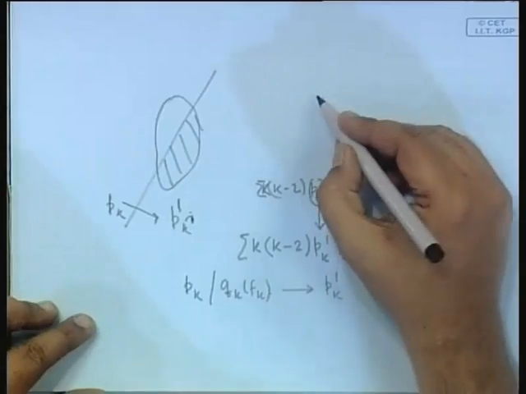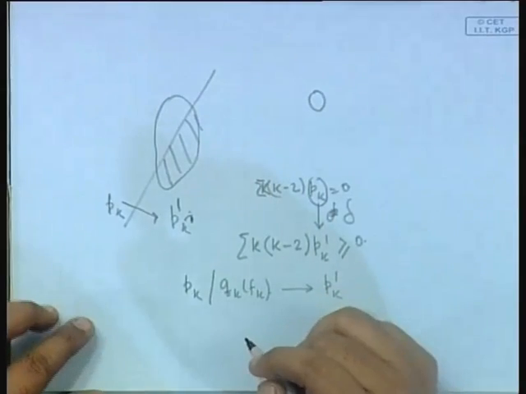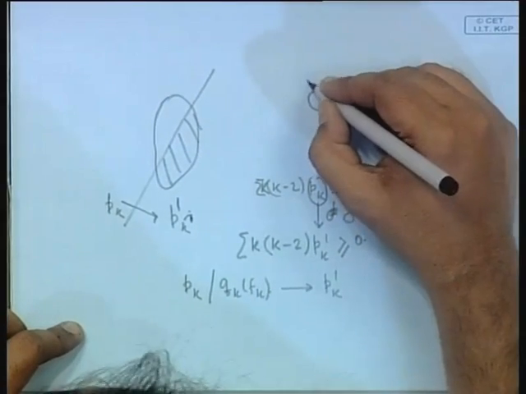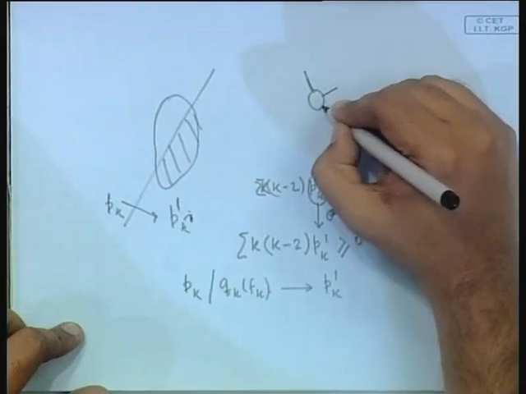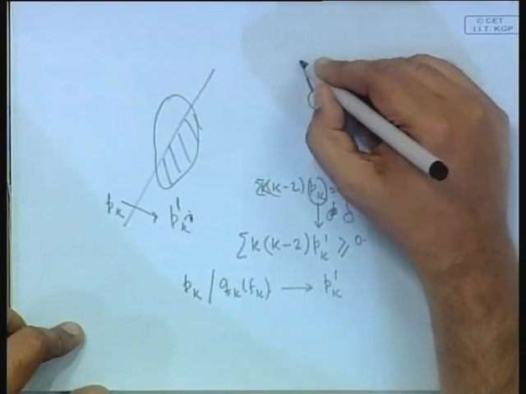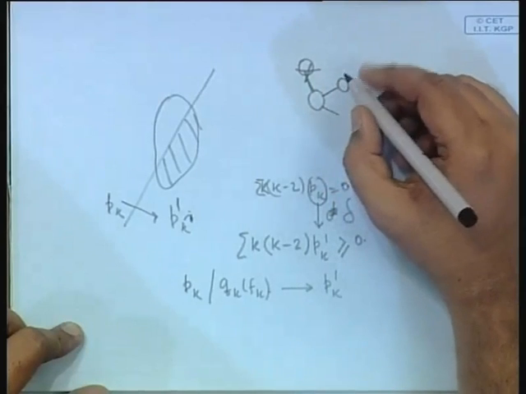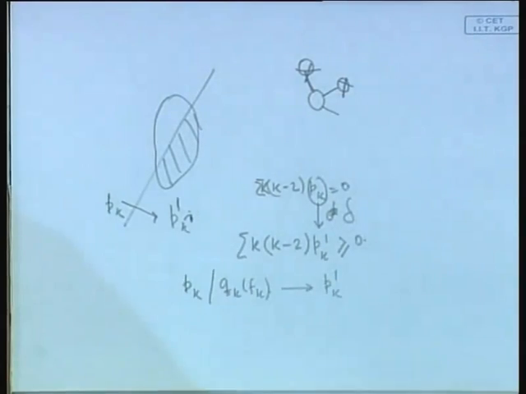It is because, see, I have a node, I have not been removed, but many of my neighbors have been removed. So pk into qk actually does not capture that.